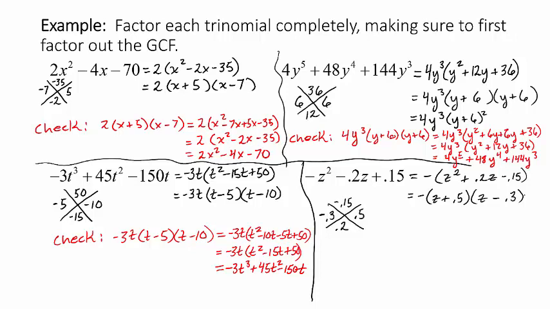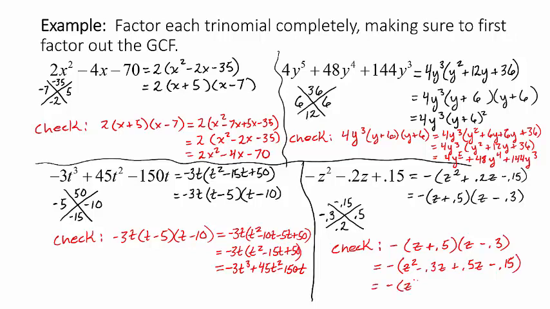All right, so let's check it. Starting with what we ended with, negative quantity z plus 0.5 times z minus 0.3. We're going to leave that negative out front alone. We're going to FOIL this, so z times z is z squared, minus 0.3z plus 0.5z, minus 0.5 times 0.3 is 0.15.